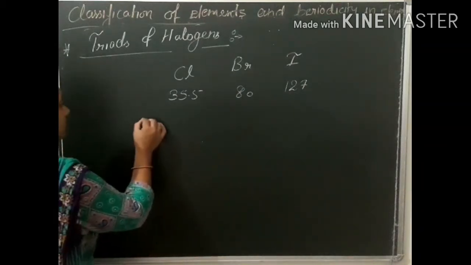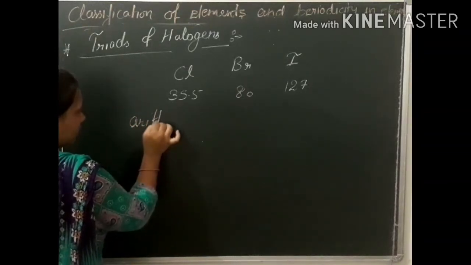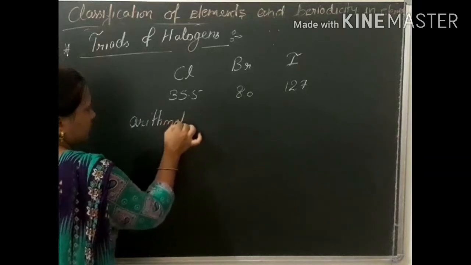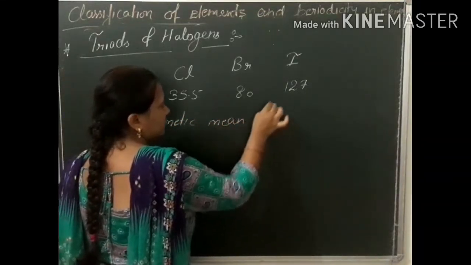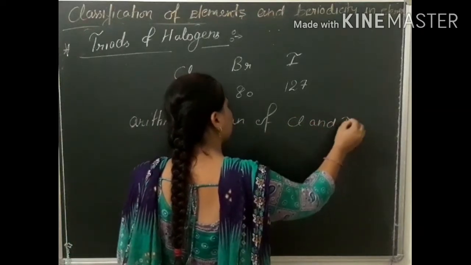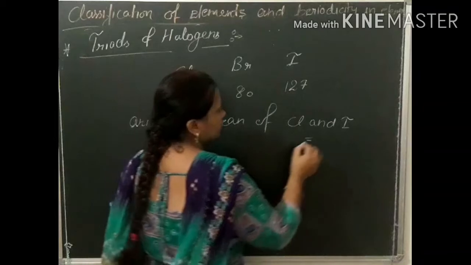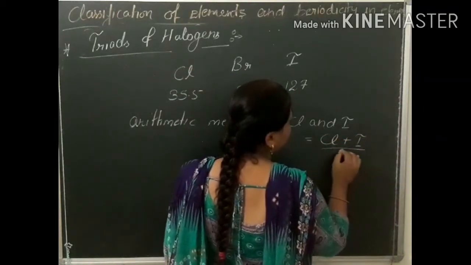Now the arithmetic mean of chlorine and iodine is equal to chlorine plus iodine divided by 2.